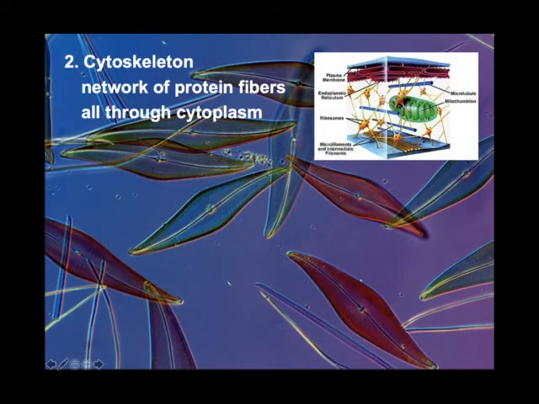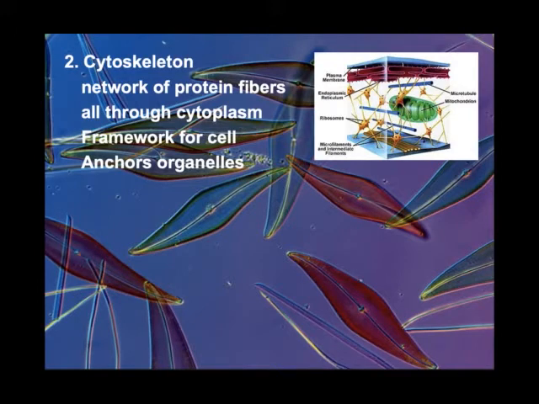If you're looking at this little drawing, you see the cytoskeleton is all over the place, and the organelles are placed within it. They're not static per se, but they stay in one place or a very small range. So the cytoskeleton is all through the cytoplasm of the cell, and it provides a framework for the cell.